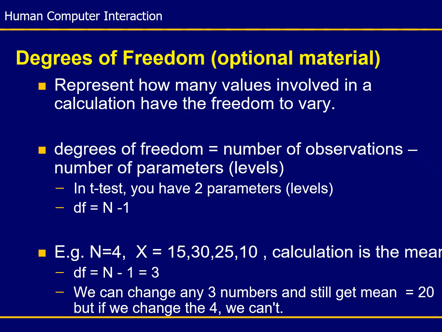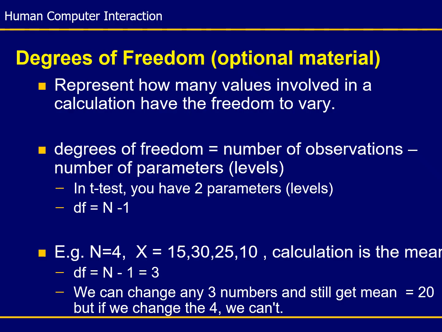This is just an optional slide if you're interested in understanding degrees of freedom, but I don't usually ask you about it in the midterm or an exam, because it's beyond the scope of the course in terms of the statistical level you need to answer questions about this accurately. But I want you to get the basic idea, because we keep including the degrees of freedom in our result reporting.